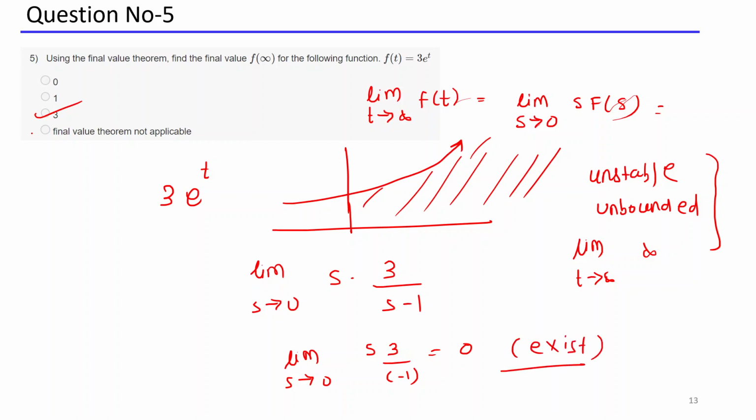So many people would choose 0. But the actual answer is not applicable because the limit does not exist. It is an unbounded signal, and the final value theorem is only applicable for stable and bounded signals. So the limit exists in the formula, but the signal is unbounded.